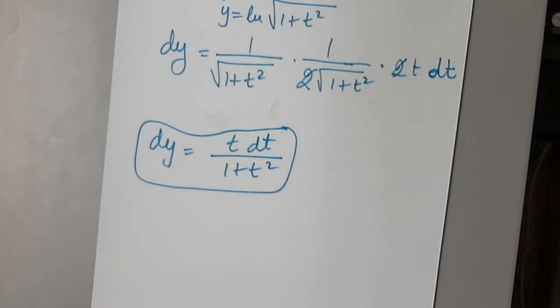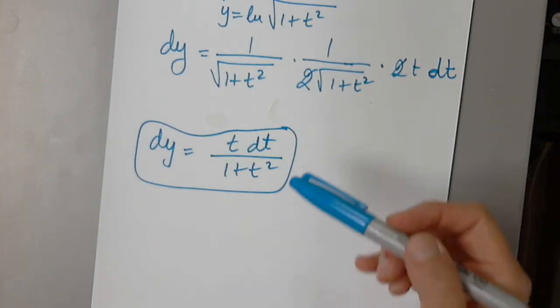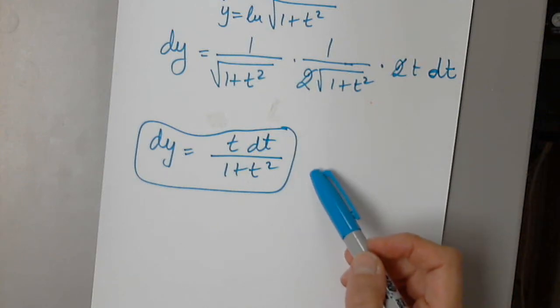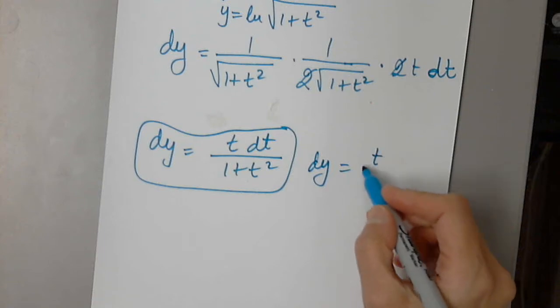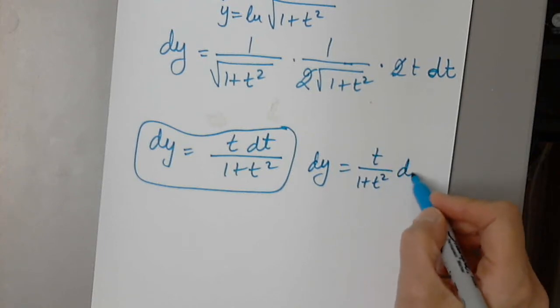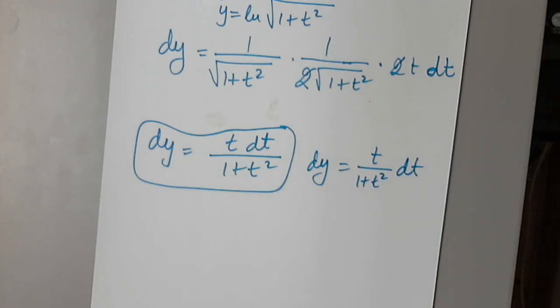This is the differential of y. Yes, you can put dt at the top or at the end of the fraction. That's fine too. So you can write dy equals t over 1 plus t squared dt. They are the same. This is a major portion of chapter 5.